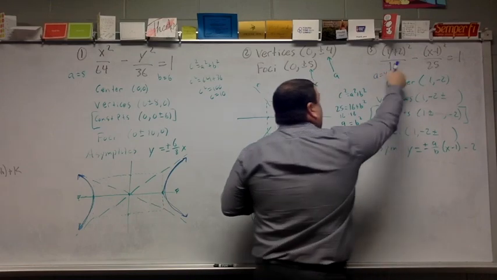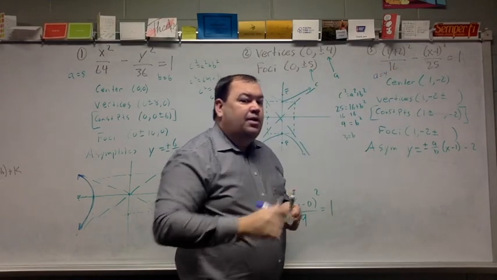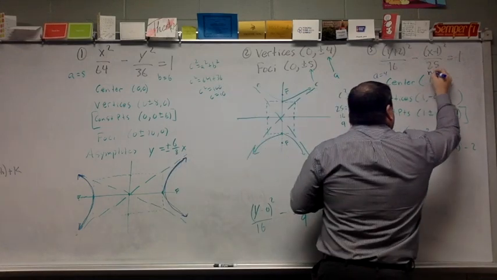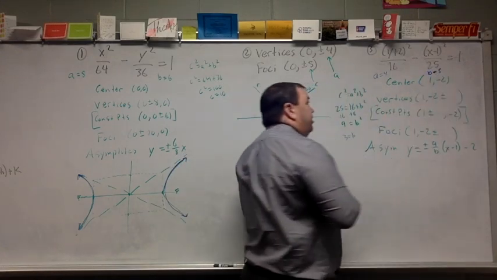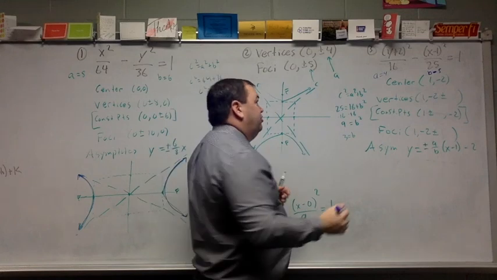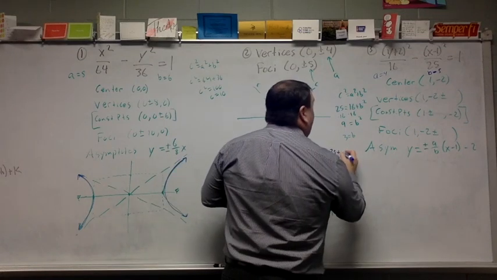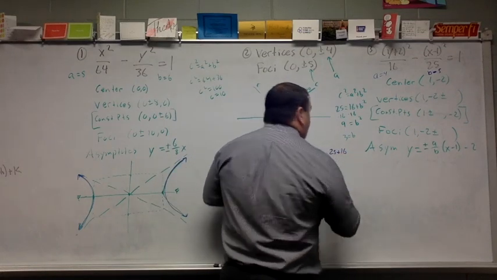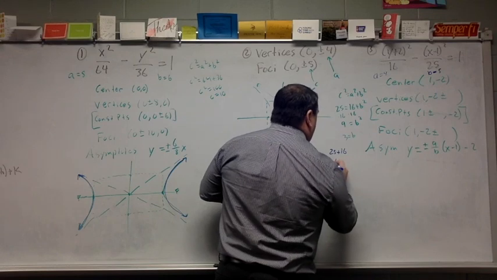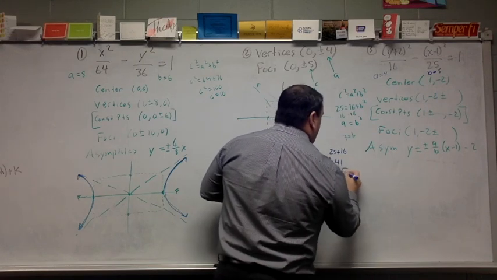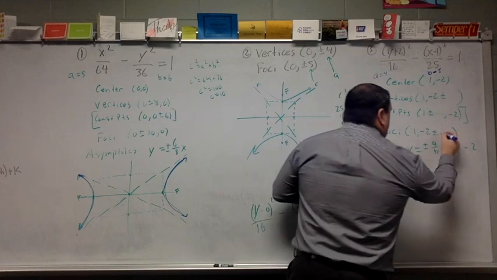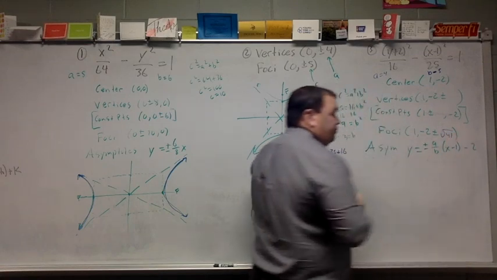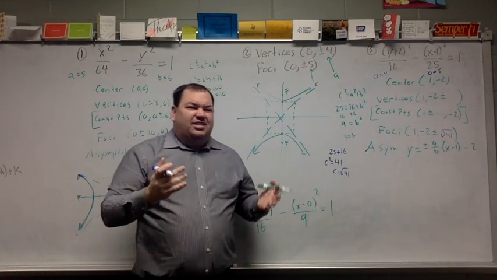a is 4, a squared is 16. My b is 5, because b squared is 25. So when I add those two things, 25 plus 16, that gives me 41. That's my c squared. So c is the square root of 41. I'm going to go ahead and put that in there. The square root of 41 is 6 and a little more.